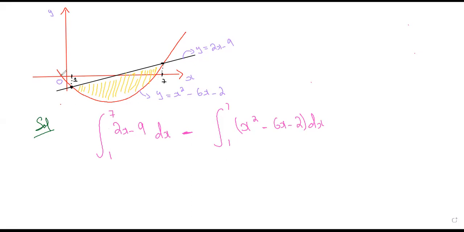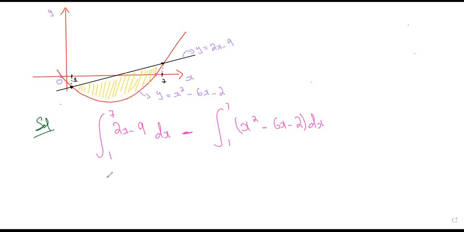We are not using this point and this point. Be clear with this. It could be that the examiner is giving you that just to confuse you, but always remember, whenever you have the area between two curves, it could be a line and a curve, or it could be two curves as well. In that case, you will just subtract two integrals and the limits would be the points of intersection.